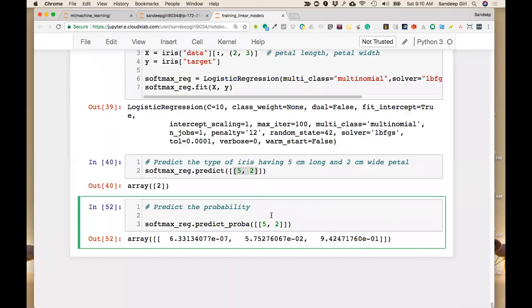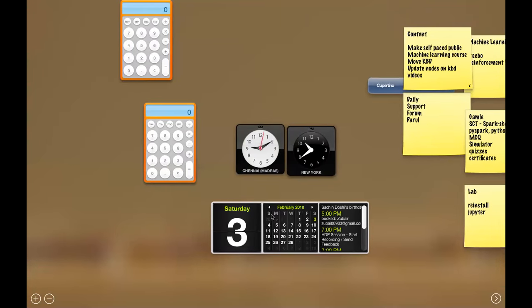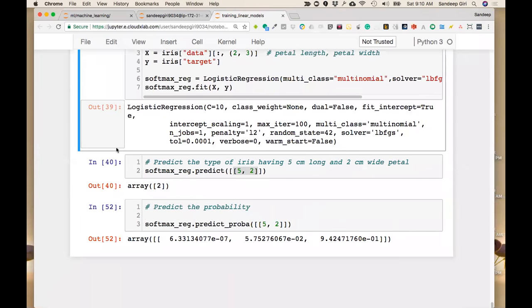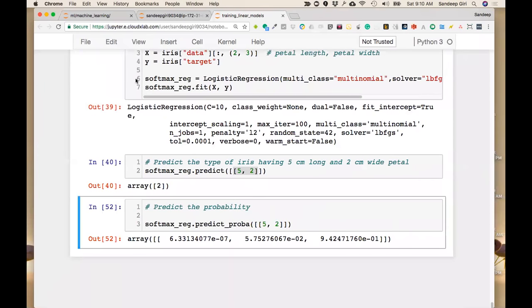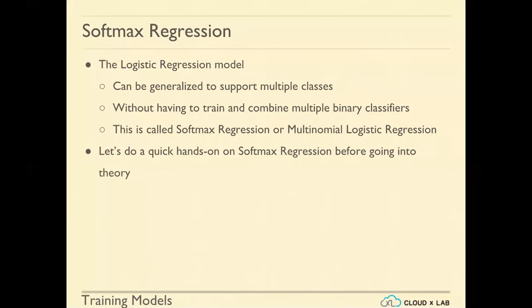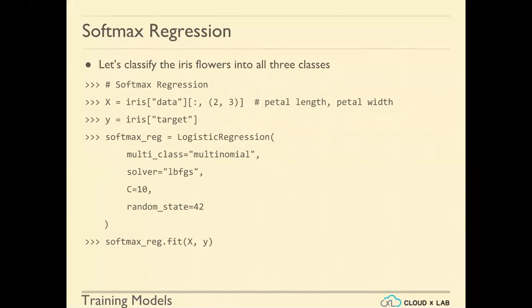So this is basically softmax regression. And softmax regression will be used at many other places as we go into deep learning and other parts.